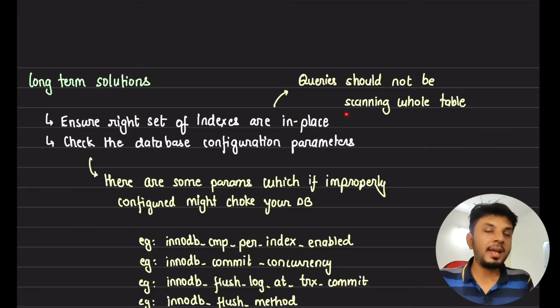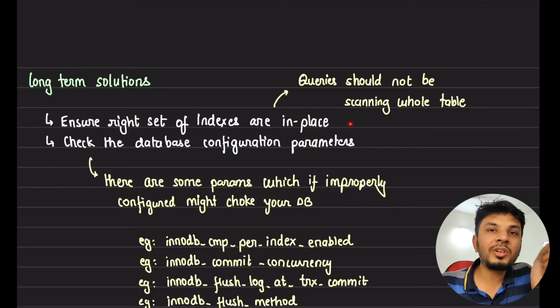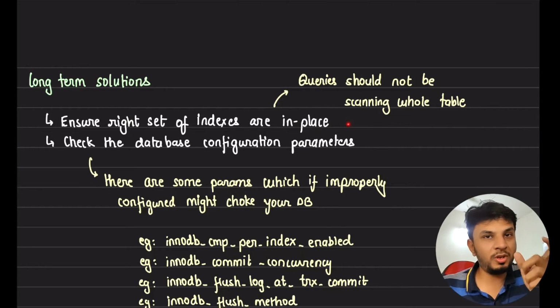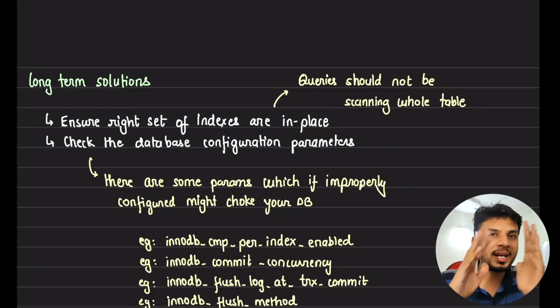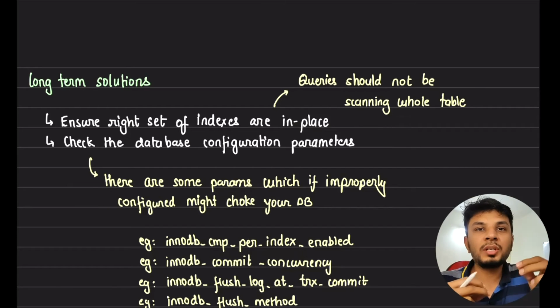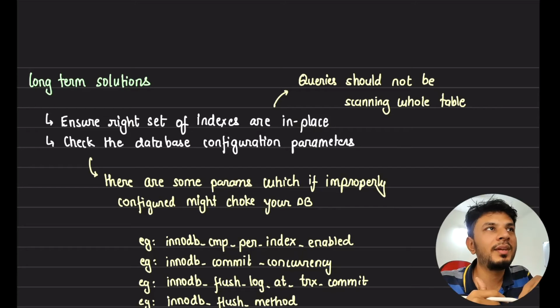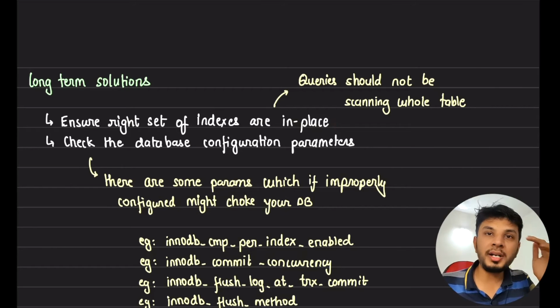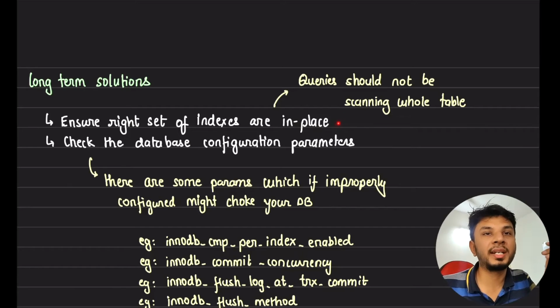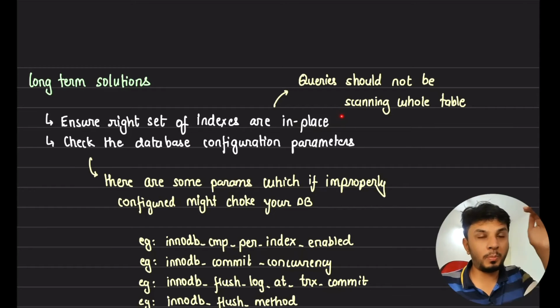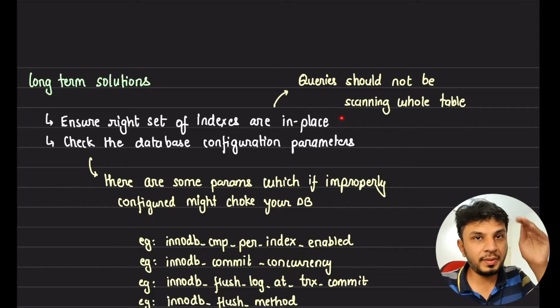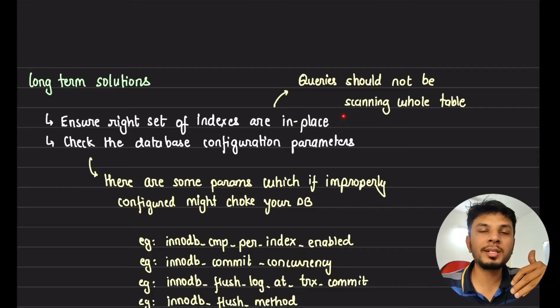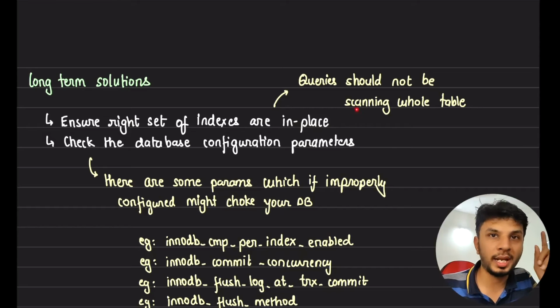That's why you should ensure that you have the right set of indexes in place, because if you had an index on user ID for the table, the query execution would have taken milliseconds, if not microseconds. So audit the queries and see if you have the right set of indexes. You need to monitor the queries that are taking a long time to execute on your database, see if they need indexing of some sort, and do that.